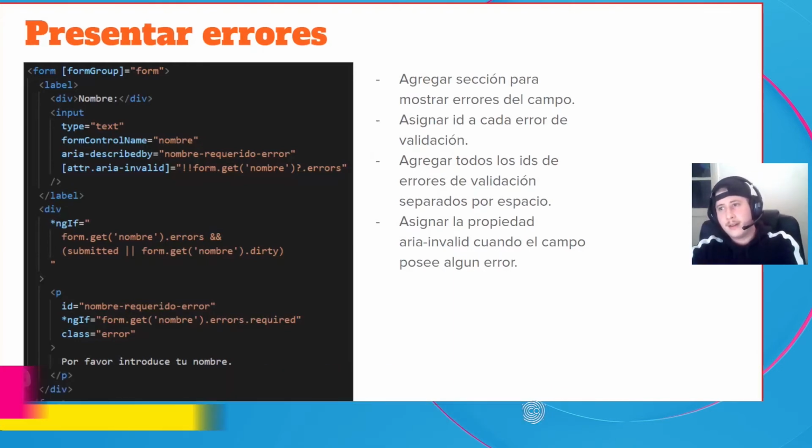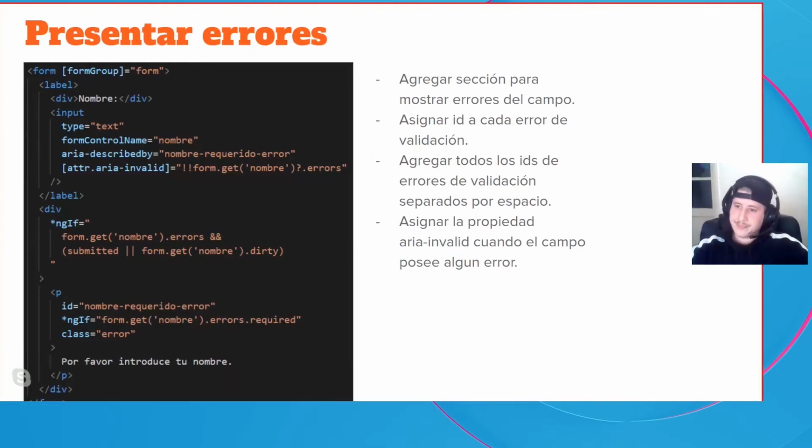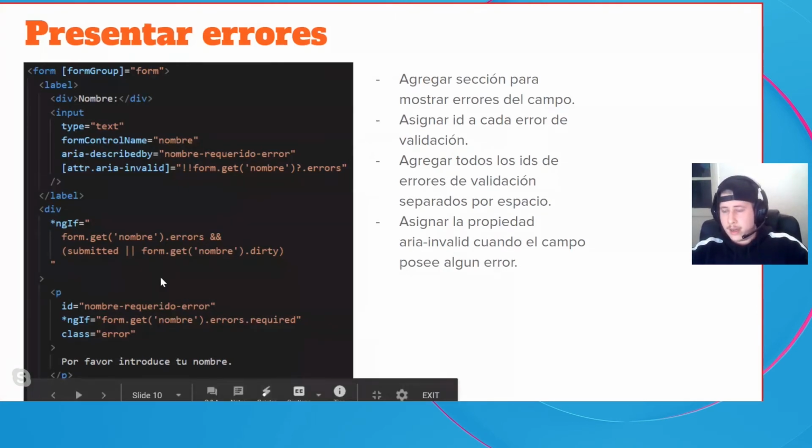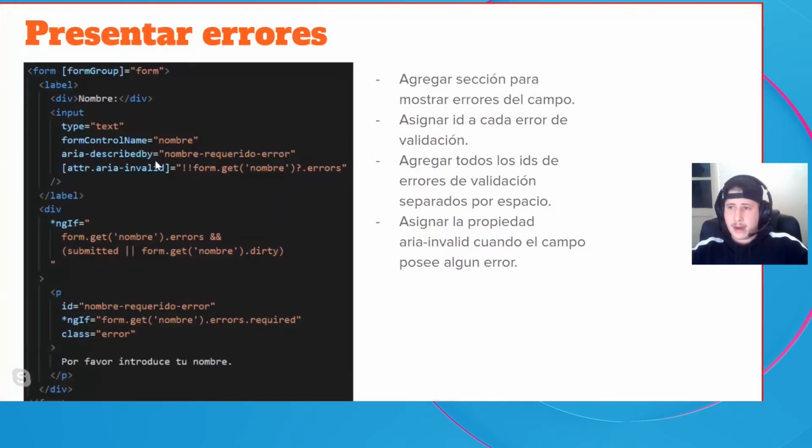And what we do is we can add to the input using this reference here. As you can see to the right, you have the ID name-required, and you add it to the input. So this is an important detail. An aria-describedby could receive several references, several texts.